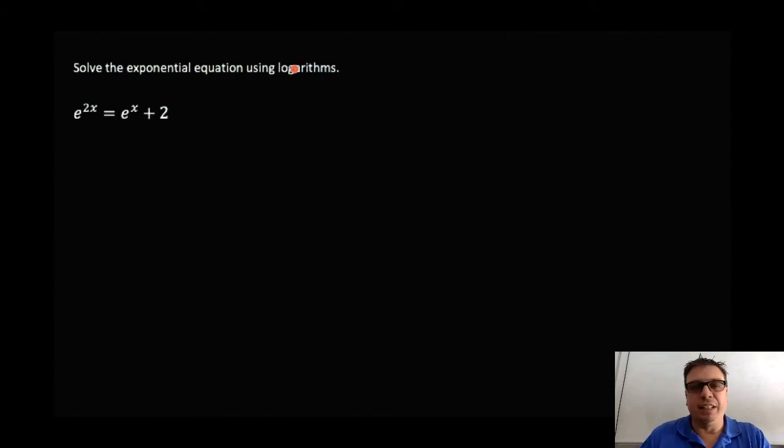So let's rewrite this as a quadratic: e to the 2x, move all of this stuff to the other side, minus e to the x minus 2 is equal to 0. Like I was saying, in order to have a quadratic type equation, this exponent has to be twice this exponent. It just has to be doubled. So now I'm going to set this up to factor.